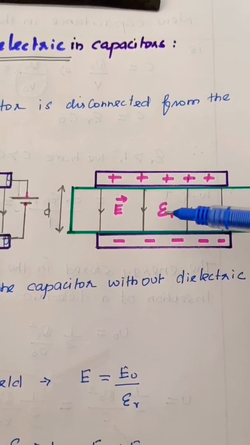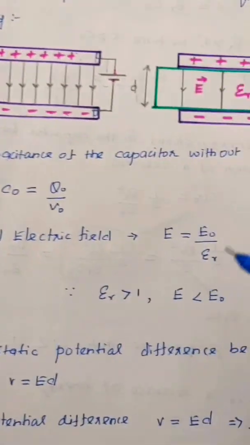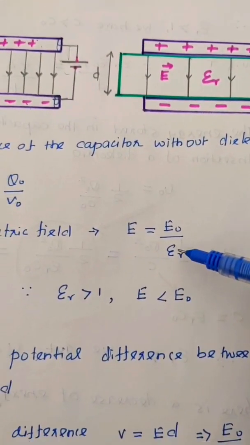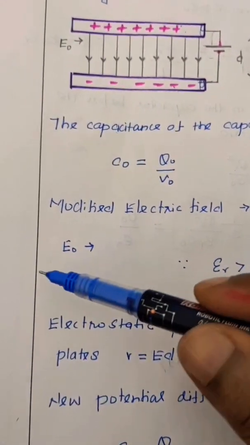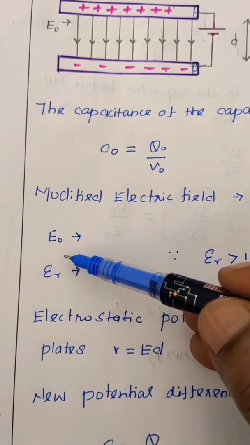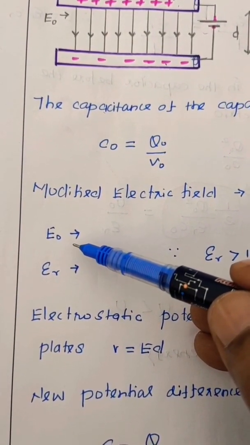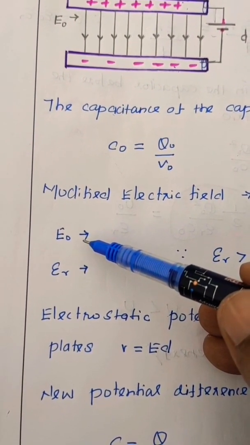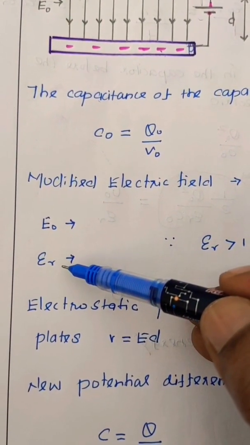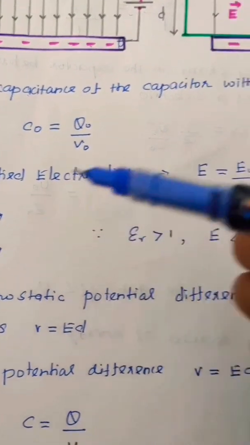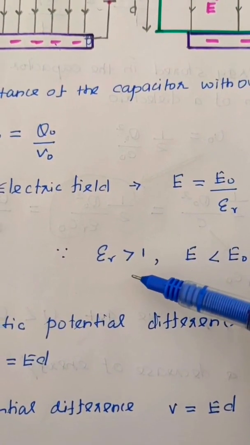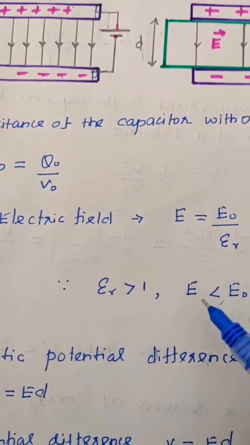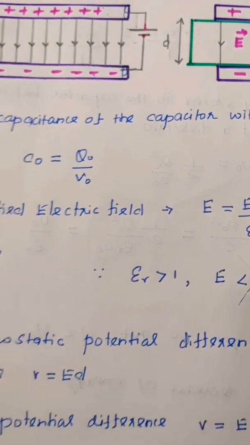So the modified electric field is given by E equal to E naught by epsilon r. In this case, E naught is the electric field inside the capacitor when there is no dielectric. Epsilon r is the dielectric constant. Since epsilon r is greater than 1, the electric field E is less than E naught.